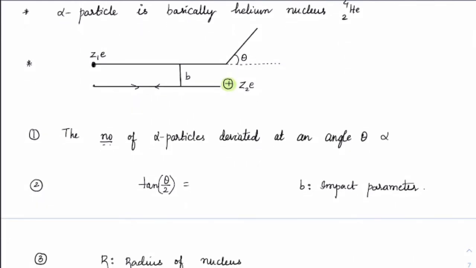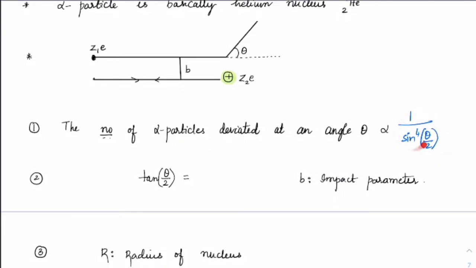Again, we do not have to get into the derivation part of it, but you must know the formula, that is, the number of alpha particles deviated at an angle will be 1 by sine power 4 theta by 2, or sine theta by 2 power 4. So when you compare any two particles here, you should be able to compare this. Depending upon the theta, we will be able to comment how many alpha particles can be deviated. Okay, remember that.